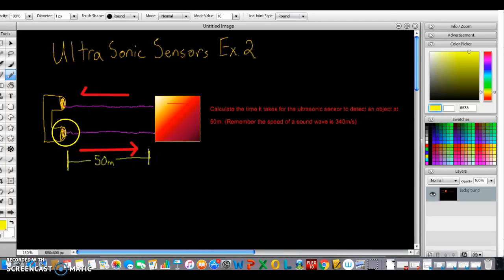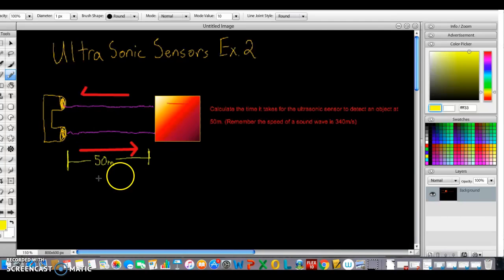Okay, and so we want to figure out how long it takes for the sound wave to go from here, bounce back all the way to here at 50 meters. So 50 meters, that is if you take your left hand and extend all the way to the left and extend your right all the way to the right, that's 1 meter. So that's 50 of those. So it's a pretty large distance.